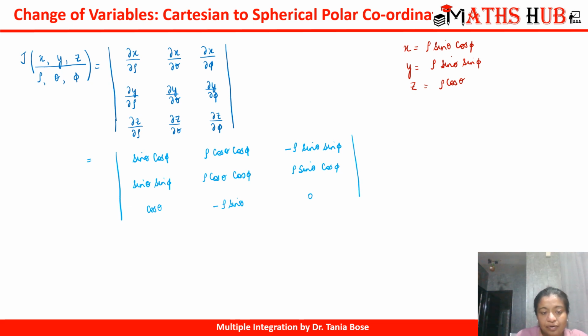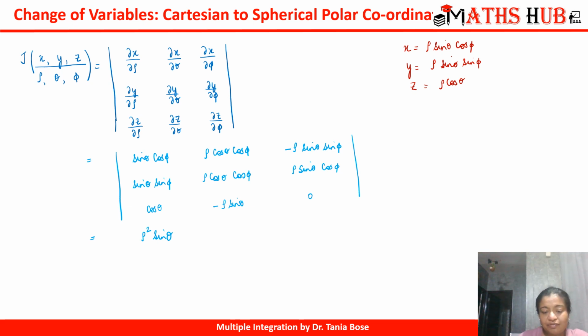So now, when we solve this determinant, it will give us the value as rho square sin theta. You can check this value, and it will give us the determinant as rho square sin theta, right?